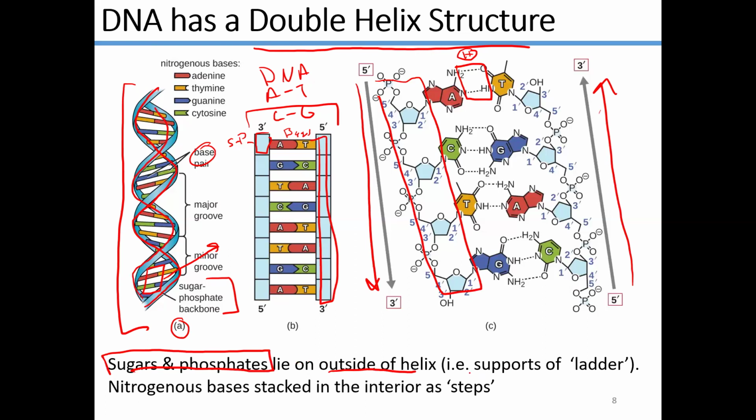What they're going to do is provide support for our quote unquote ladder, which is our nitrogen bases, which are going to be our steps, all of the pieces binding together in the middle. And remember, in DNA, A is going to go with T and C is going to go with G. Apples and trees, cars and garages.